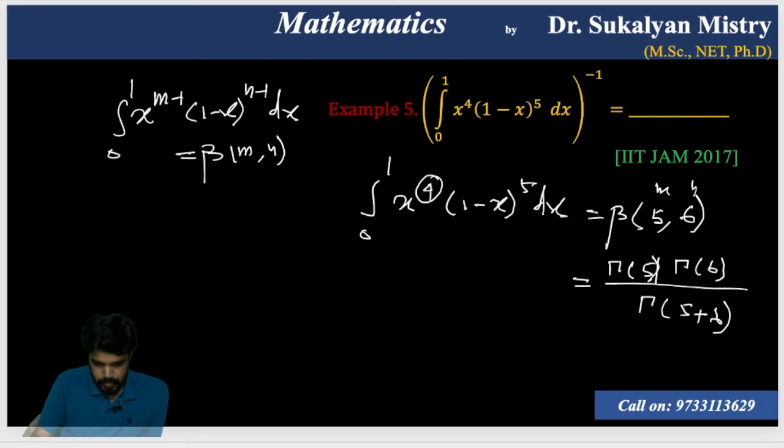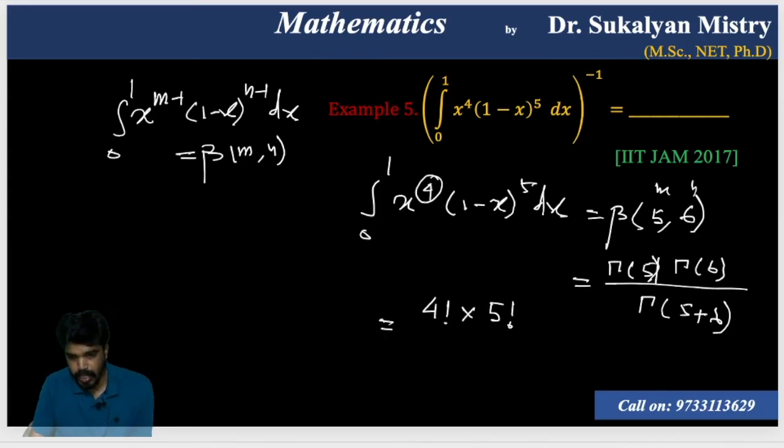Gamma n plus 1 is factorial n when n is a positive integer. So gamma 5 will be gamma 4 plus 1, that is factorial 4. So factorial 4 into factorial 5 divided by gamma 11, that is factorial 10, right.